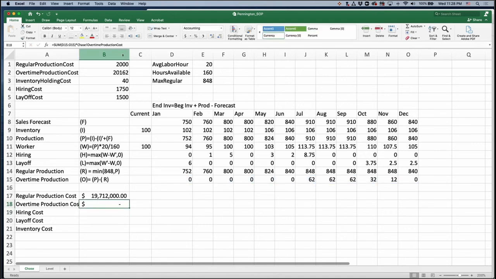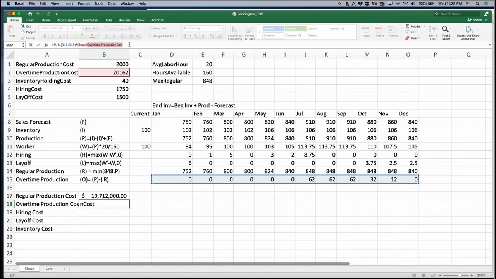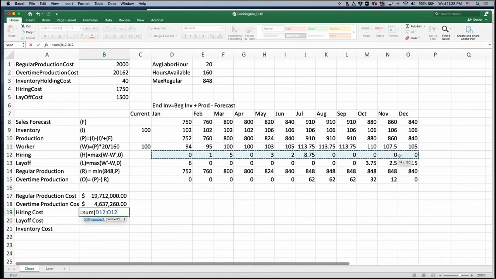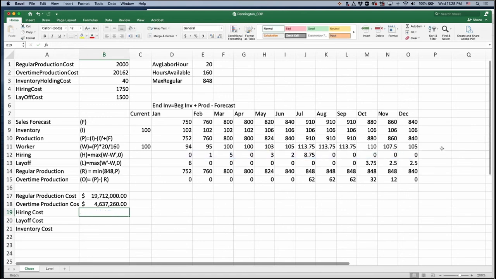For the hiring case, you use the sum of all the hiring. And at the end, they have to have only 100 workers, so you have to take that into account for the period.